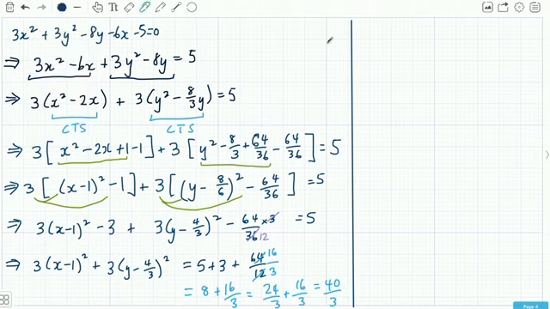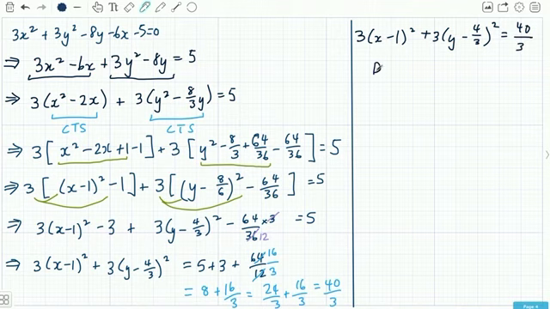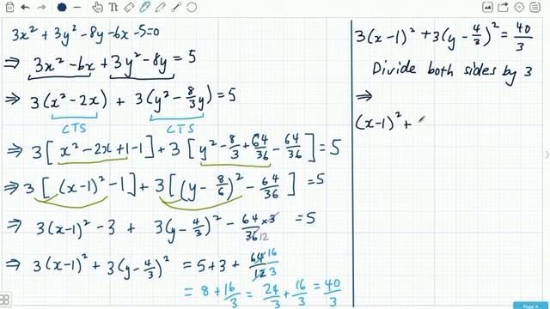So what we've got now, and we're nearly there, which is exciting, because it's a long question, is 2 squared factors equals 40 over 3. Let's divide both sides by 3. The reason I want to do that is because I'd like to get rid of those coefficients in front of the squared parts so that I end up with something that looks like a graph that I recognise.